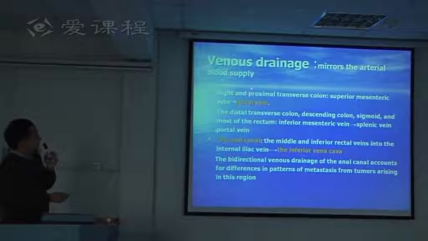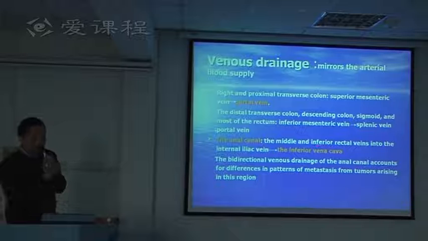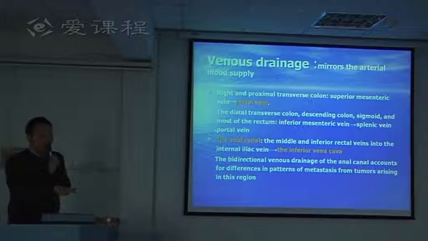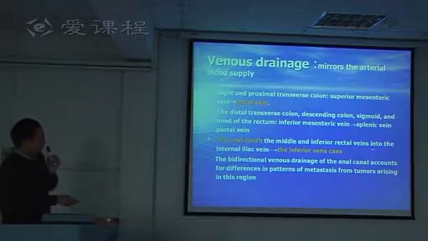The right colon and proximal transverse colon drain first to the superior mesenteric vein, then to the portal vein. But the anal canal, the very distal part of the alimentary tract, drains to the inferior vena cava.